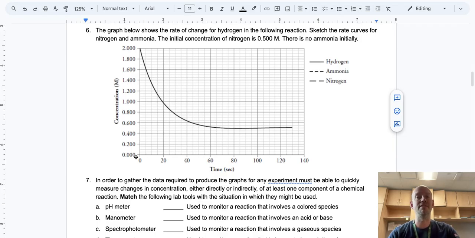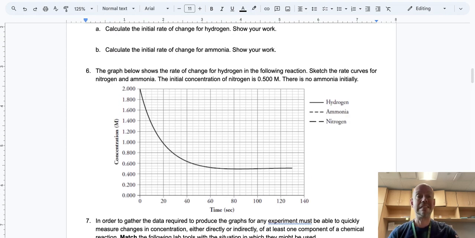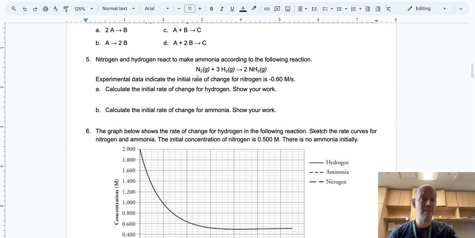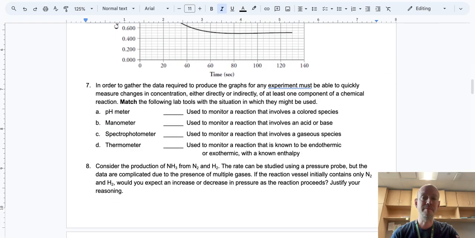We don't need to find every single change along the way. We're just understanding that we have a certain curve with a certain steepness, and then different curves with steepnesses relative to our rates, or hopefully at this point relative to the coefficients.